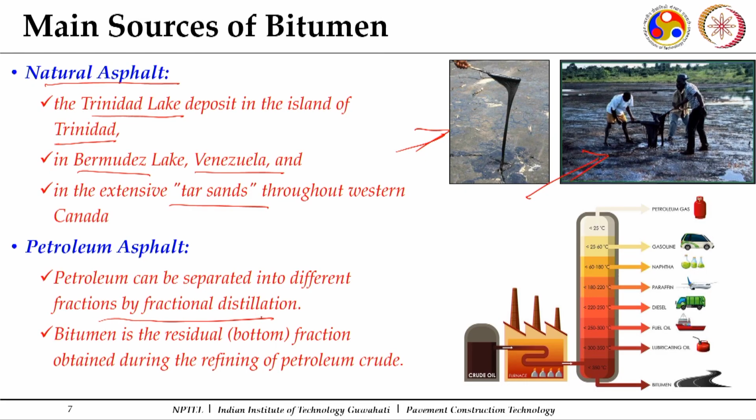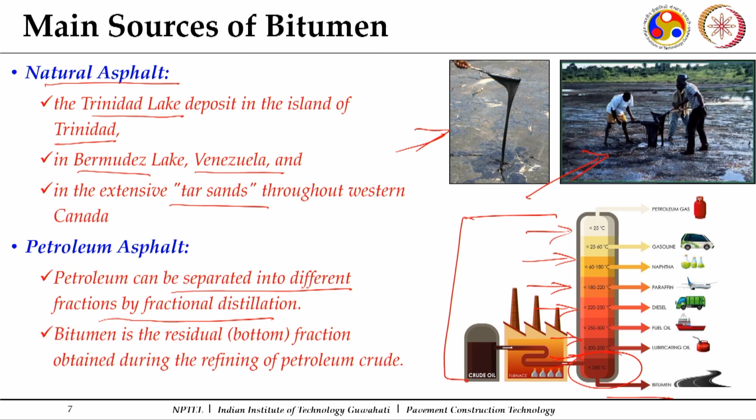This is obtained by separating out the different fractions of petroleum crude. You can see this is a distillation chamber, where different fractions are separated out at different levels. The one which is obtained at the lowest is the residuum, which is your bitumen.